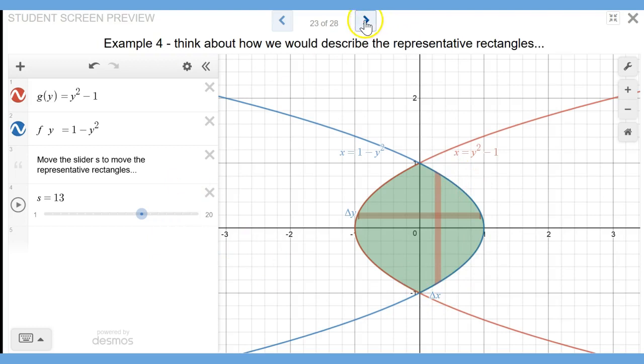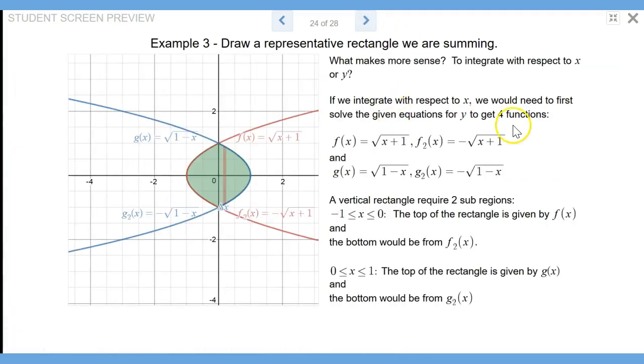So let's look at what we would have to do. To turn these given equations into functions of x, we would need to find the inverses, or solve for x. Solve for y. And so we would actually get four functions out of this.